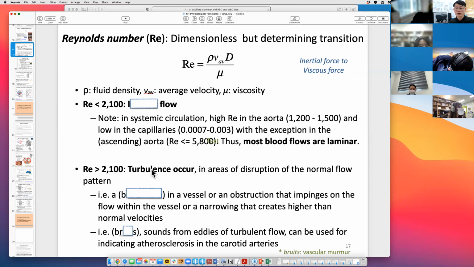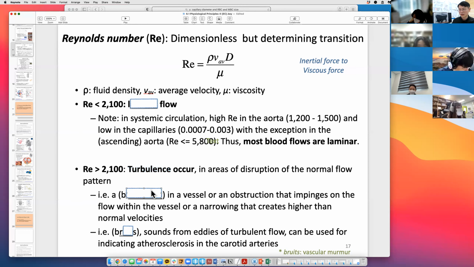We can actually utilize turbulence. You remember our pressure measurement is based on the turbulence we made when you increase the pressure and then release. That narrowing makes the flow faster. So this velocity is faster and the Reynolds number higher, so turbulence occurs. We can listen to that sound too.